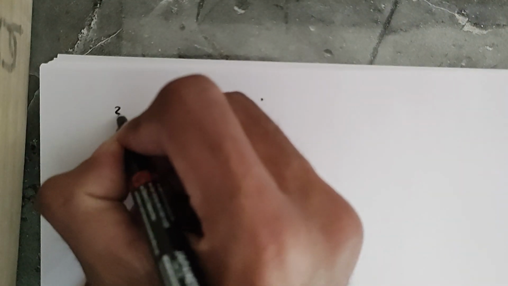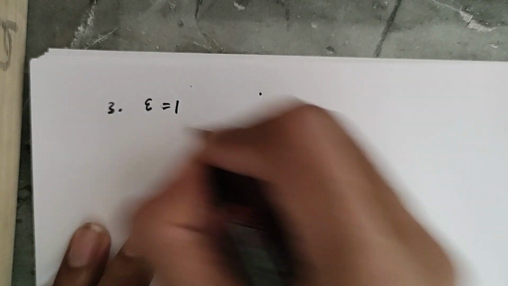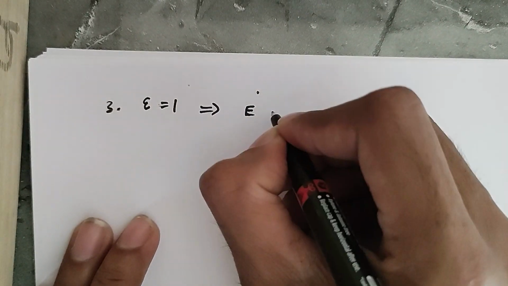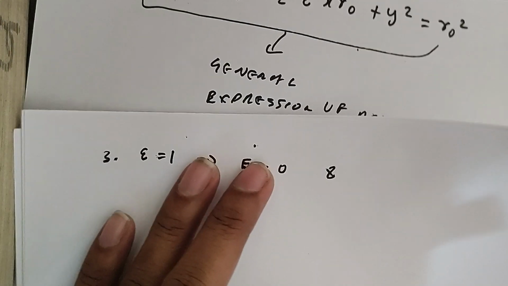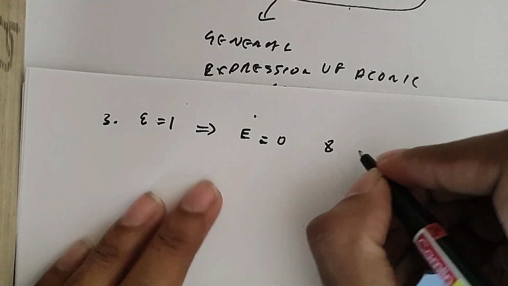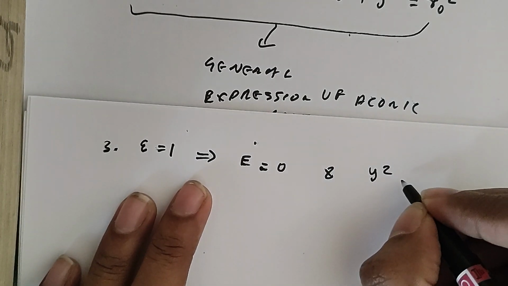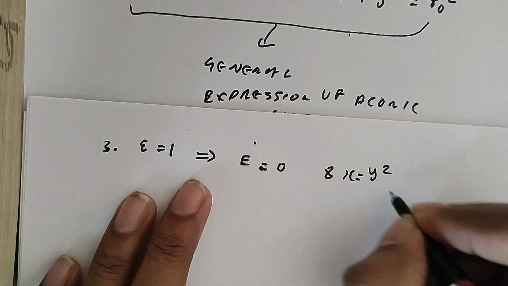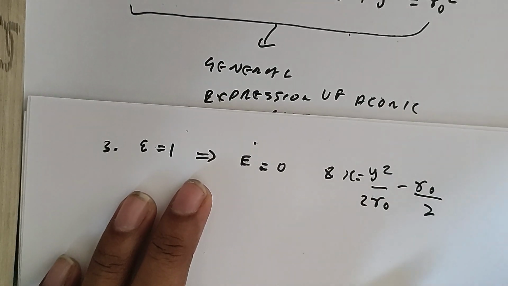Now the third condition is when epsilon is equal to 1. This must imply the energy is equal to 0, and from this particular equation I can easily write x as y square upon 2 R naught minus R naught upon 2.